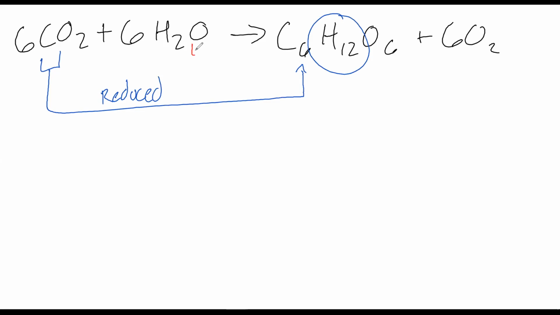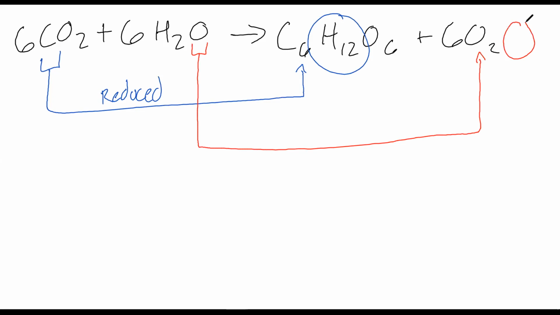Whereas oxygen, because we're only looking at carbon and oxygen here, because the hydrogen is what's moving, oxygen here is now no longer attached to a hydrogen. So in this case, it is oxidized. Because remember, oxidation is loss, reduction is gain, or OIL RIG, as we've been saying it.